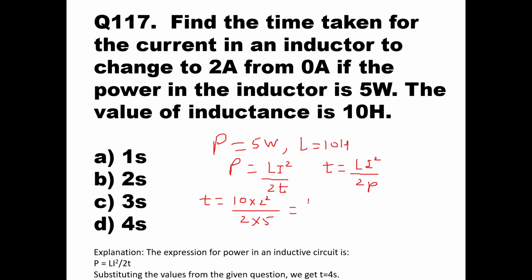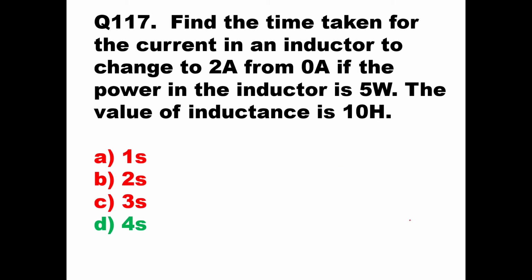So this is nothing but 10 into 4 upon 2 into 5. So this is nothing but 40 upon 10, which is nothing but 4 seconds. So the answer should be 4 seconds here. So option D will be the right answer, that is 4 seconds. Clear? Then we'll go to the next question.